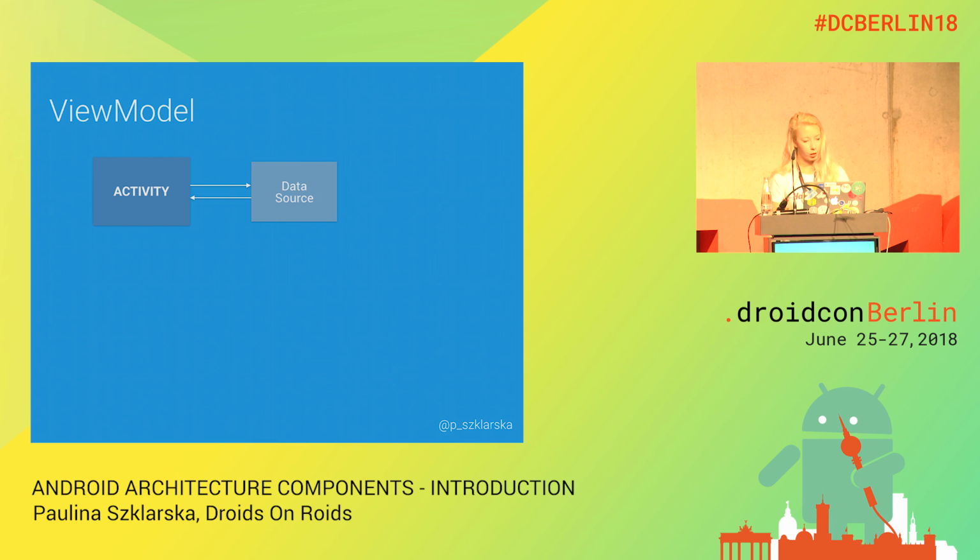So basically, we have some external data source. But unfortunately, after rotation, the activity is recreated. And this data source could be destroyed with it, and in place of it a new one will be created.